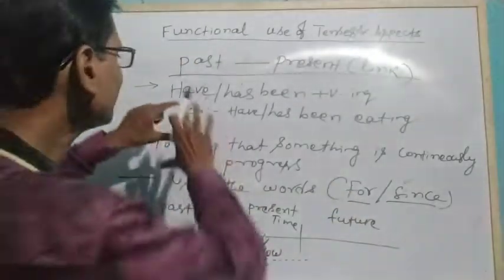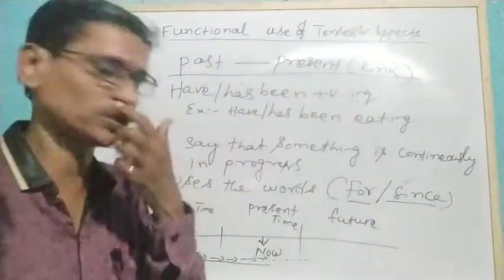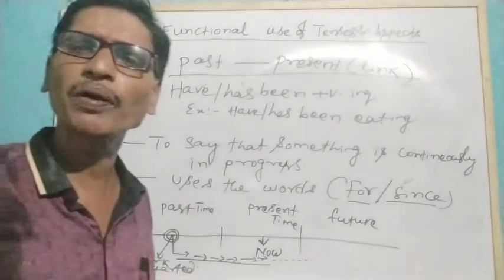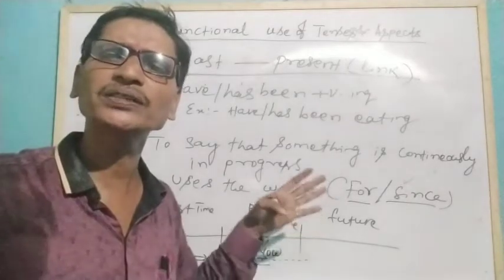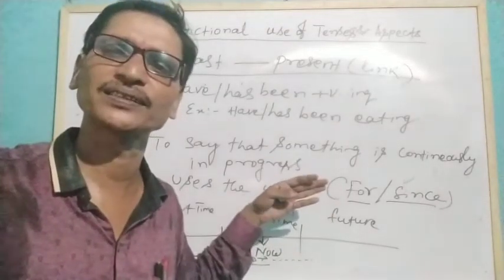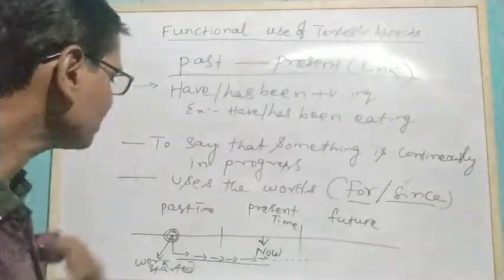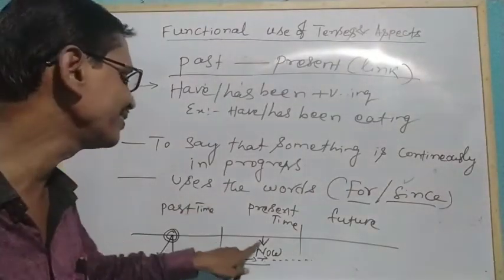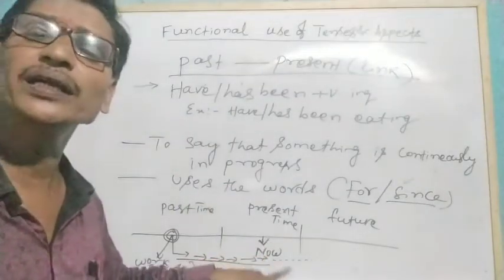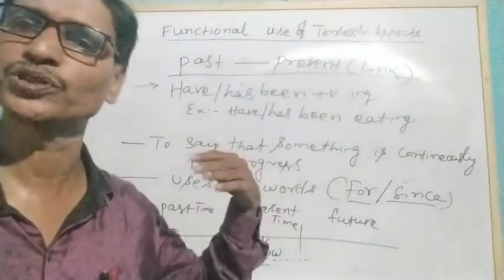Okay, so this aspect of this verbs we are using to talk about that something is continuously in progress. That means the action started in the past and till it is continuing and it may continue in the future.